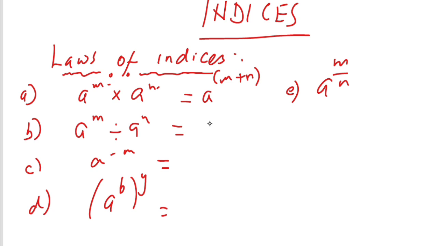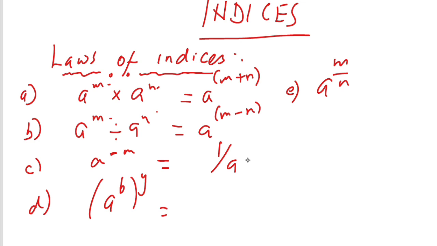Nitaonyesha examples as well. This is just a review of the laws. Ikiwa ni division, if the bases are the same, you subtract the power, so m minus n. Na ikiwa your power is negative, so hapa nimeandika power negative m, you do the reciprocal of a, which is 1 over a.